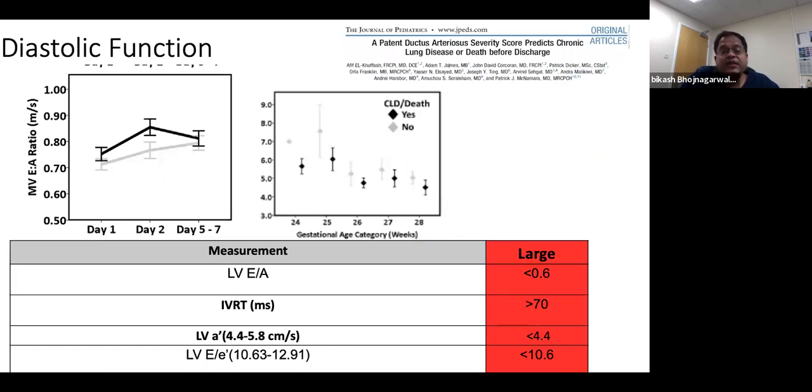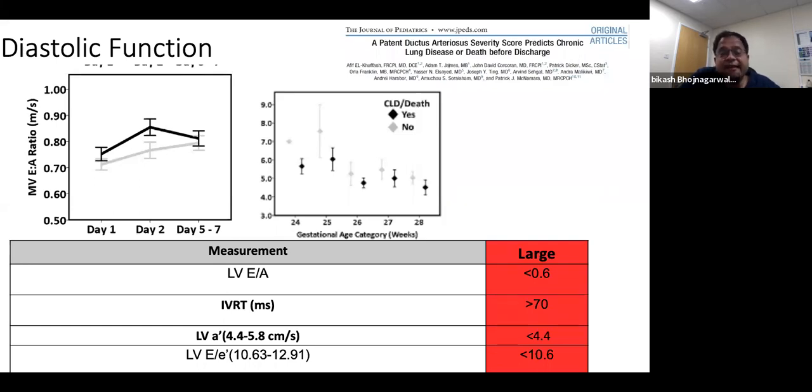So basically, if your E/A ratio is less than 0.6, that means your heart is failing. More than 0.6 is normal in preterm babies. Isovolumetric relaxation time is also a sign of heart failure, diastolic dysfunction. If your isovolumetric relaxation time starts increasing and gets more than 70 ms, again you can identify diastolic failure.